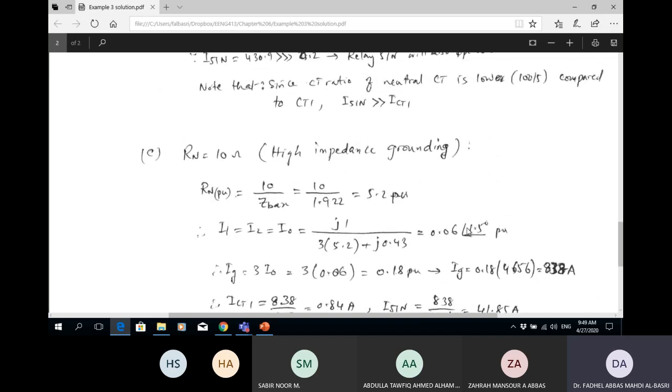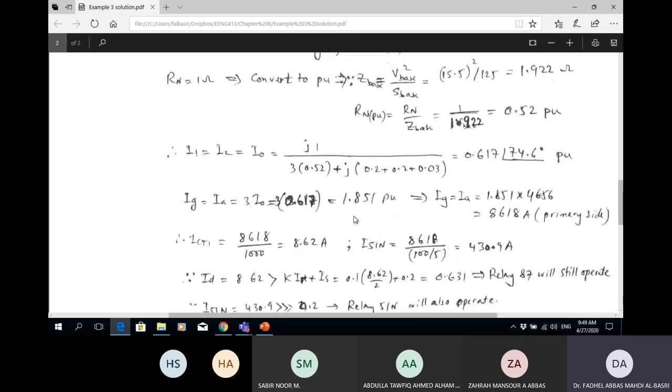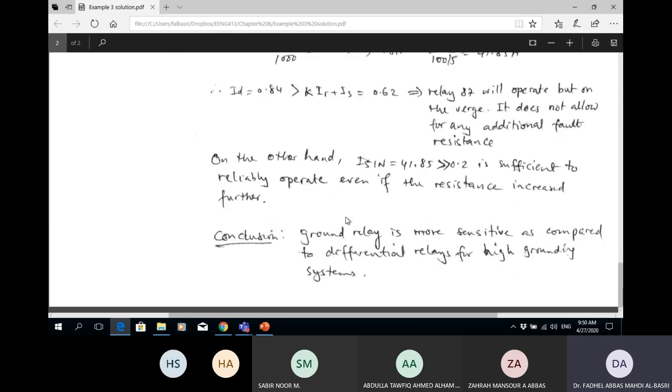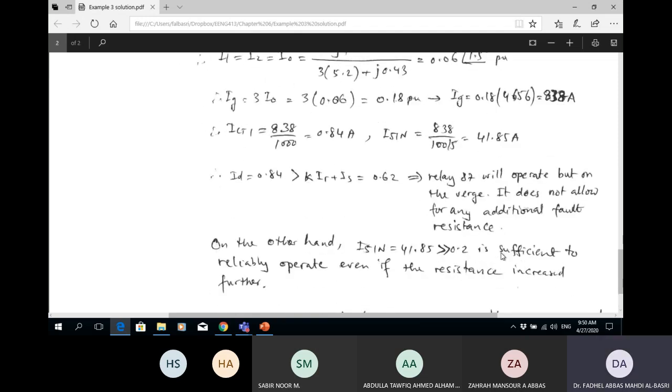So as you can see, if the resistance goes even higher than 10 ohm, like 20 ohm, the differential relay will not operate, while the overcurrent relay will operate for the ground fault.